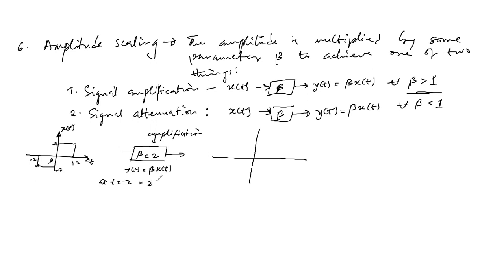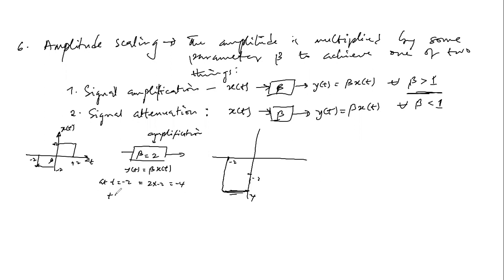So beta is 2 times the amplitude -2, which is equal to -4. So you see that if this is -2, this is -4. So you see the amplitude rises for the same time scale. So the amplitude is amplified.